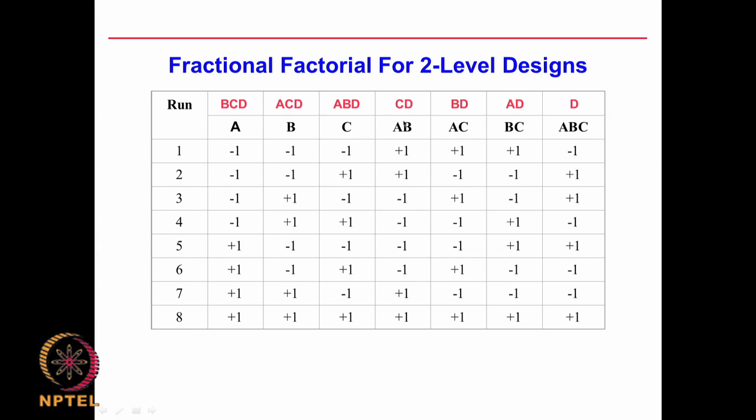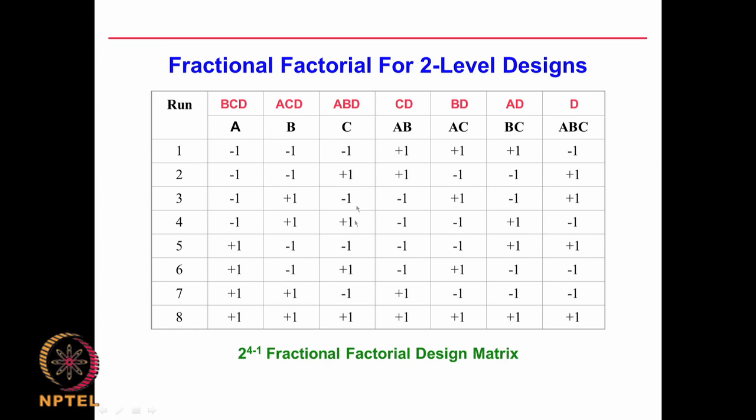So, AB looks exactly like CD. Same thing I can show that BD looks exactly like AC. Same thing I can show AD looks exactly like BC, and also D looks exactly like ABC, A looks exactly like BCD, B looks exactly like ACD, C looks exactly like ABD.